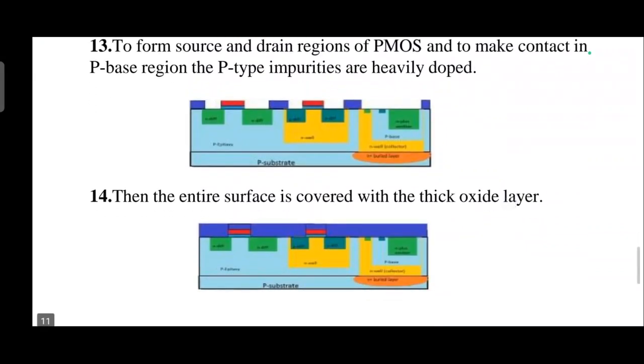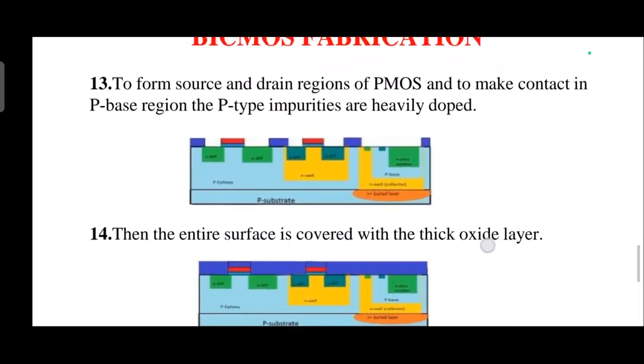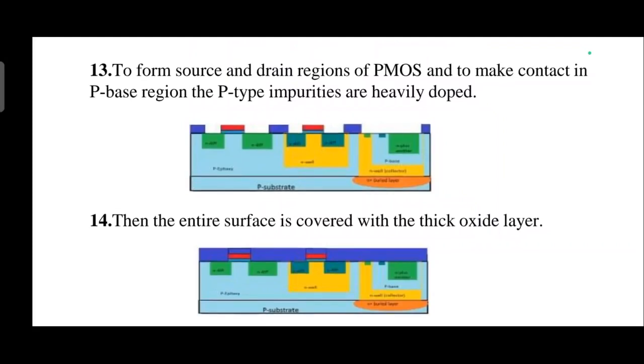Here we need to deposit one more terminal of the BJT, that is nothing but the P-type base. With the help of P-type impurities we are going to lay the P-type base terminal of the BJT.